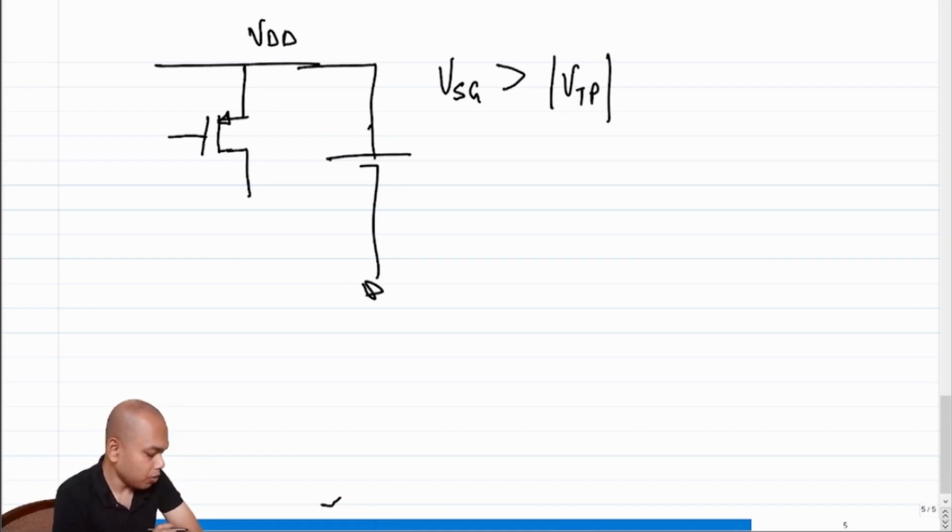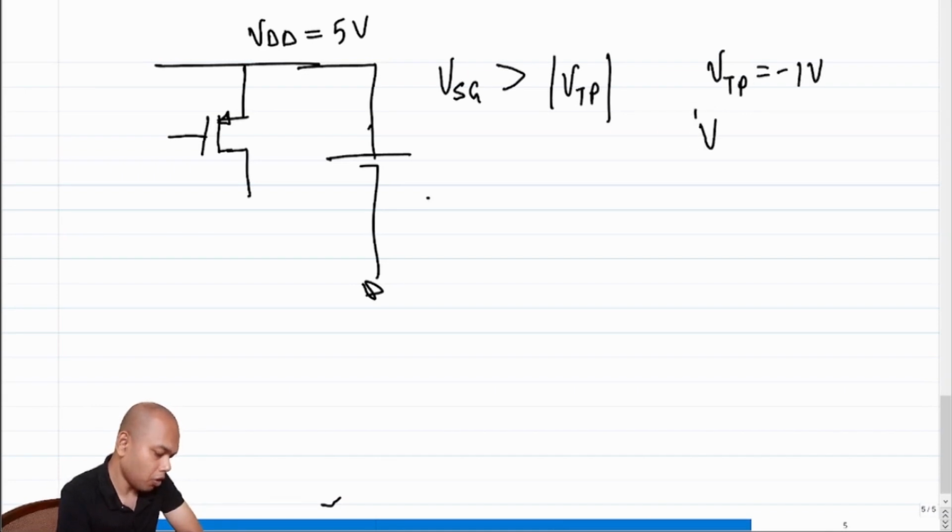And what do we need to do to the gate? We need to put some voltage. Let's say VDD equal to 5 volts, and let's say VTP equal to -1 volt, where mod of VTP is equal to 1 volt.